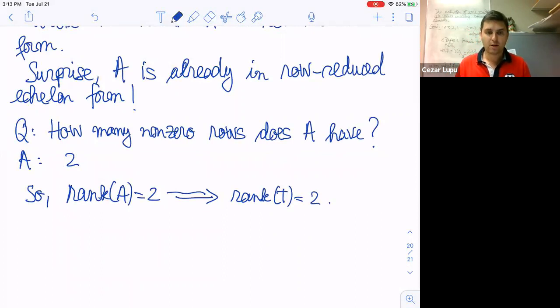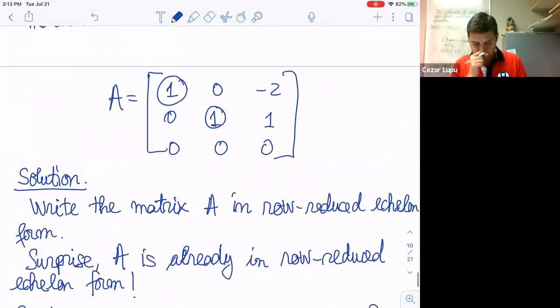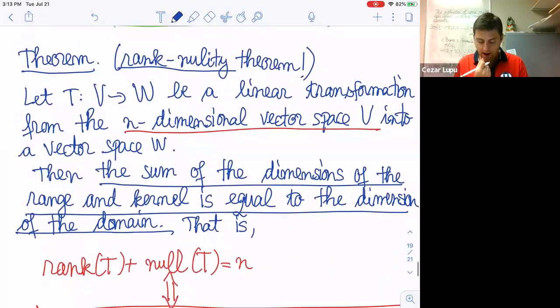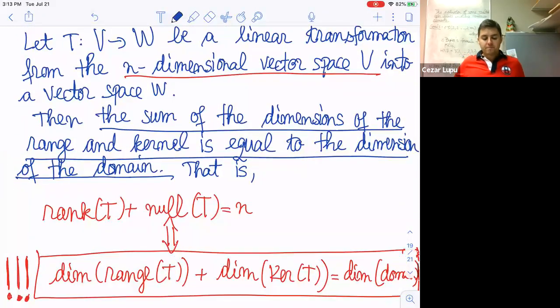And now, since we know that the rank is 2, can we find the nullity? Let's go back to the rank nullity theorem. What does it say? That the rank of T plus the nullity of T is nothing else than the dimension of the vector space.